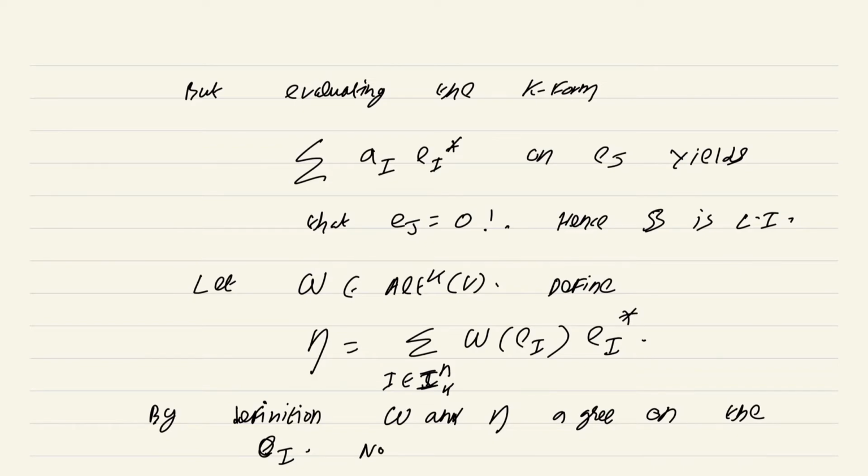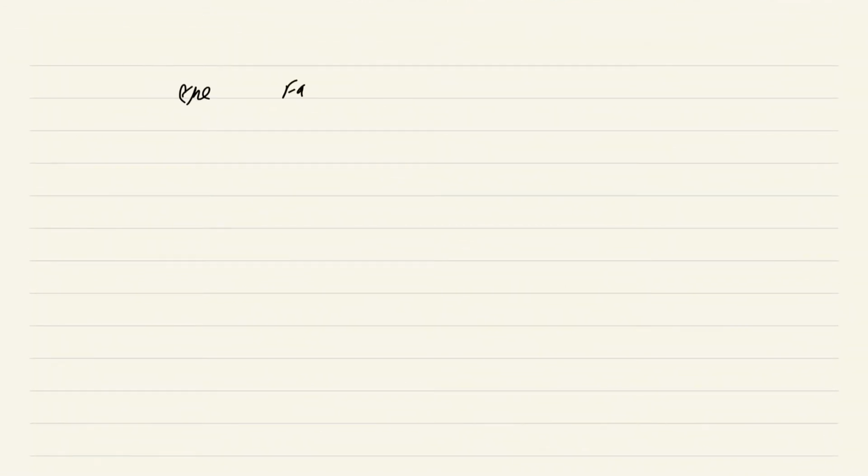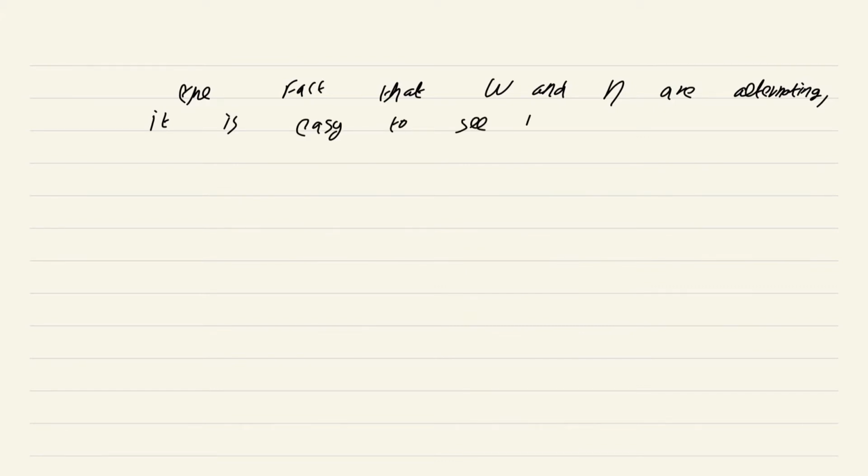Now by multilinearity and the fact that omega and eta are alternating, it is easy to see that omega equal to eta.